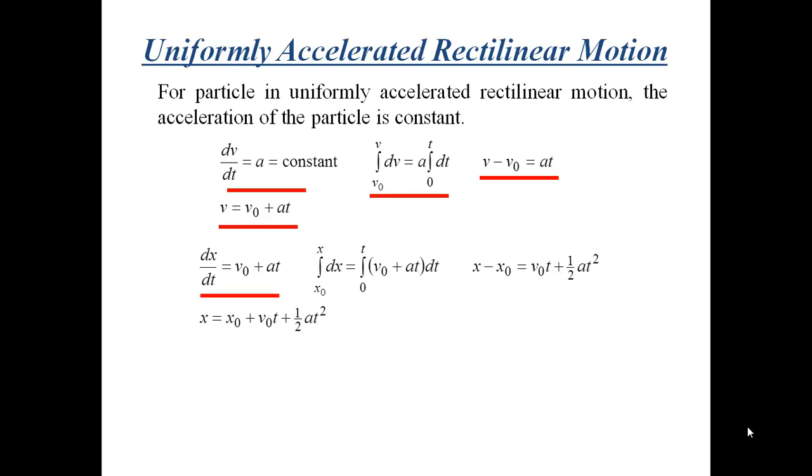Further, we know that dx by dt is equal to v. Here we substitute v is equal to v naught plus at, so the equation becomes dx by dt is equal to v naught plus at.